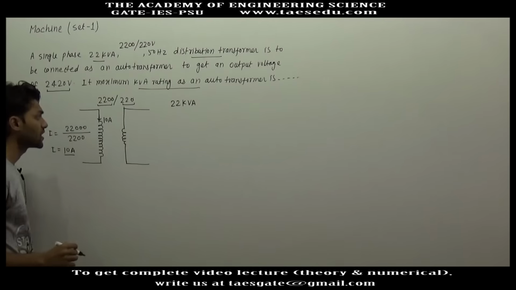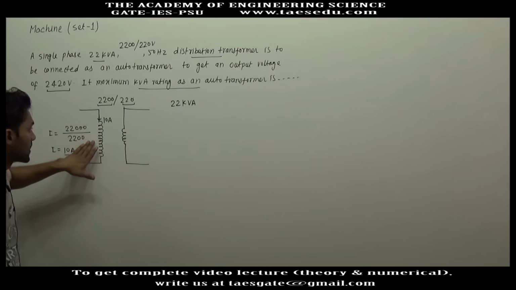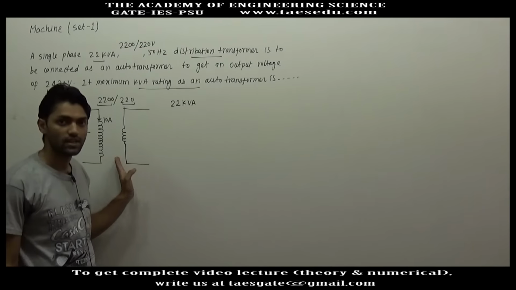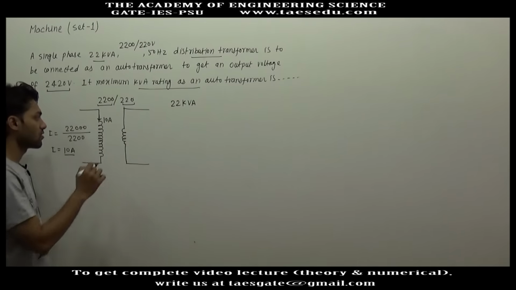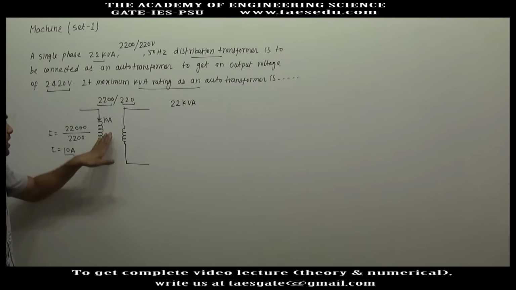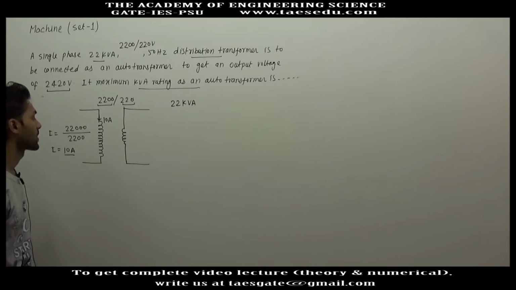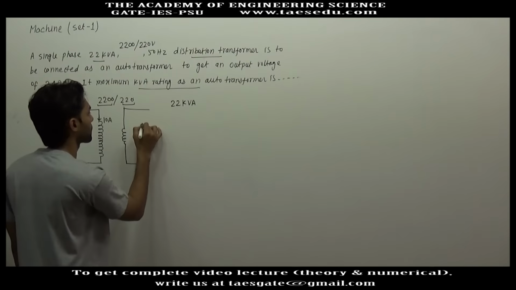It means in any case, whether it is working as a 2-winding transformer or as an autotransformer, this high voltage winding cannot sustain a current more than 10 ampere. This is the meaning of current rating of this winding. Similarly, what is the current rating of this winding?